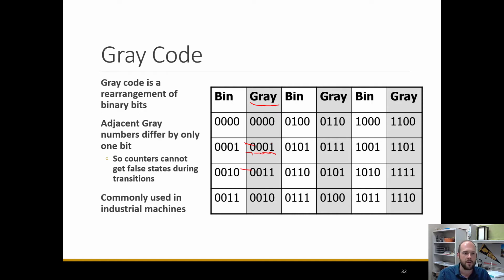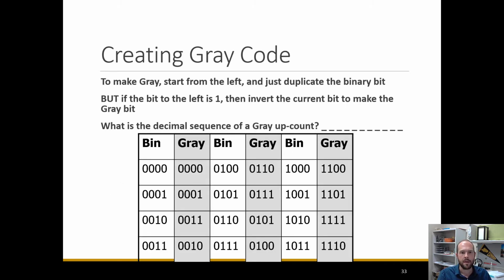And you find your gray code by taking the binary and moving through the binary. Start from the left and just duplicate the binary number. When you duplicate it, if the bit to the left is a 1 on the binary, then invert it. So, for example, this 0, just move it over.